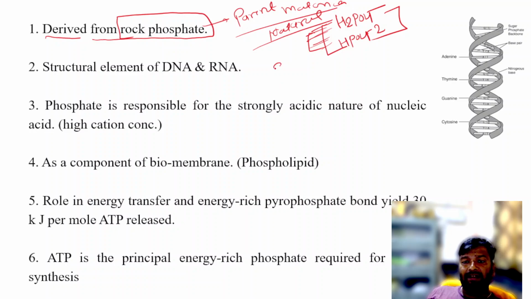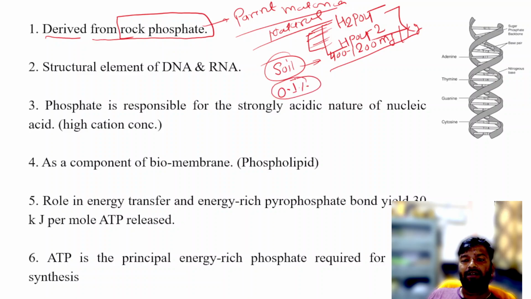In the soil, phosphorus is present in very high concentration, generally 400 to 1200 milligram per kilogram, but only 0.1% of this is available in the form of Pi, that is known as inorganic or available phosphate for the plant.